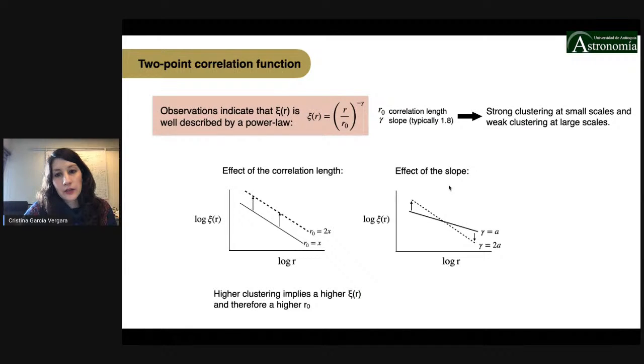And the effect of the slope is that one, you're changing the slope. If you have a population with a higher value of gamma, you will have a steeper slope, as I'm showing here. Then in general terms, higher clustering implies a higher two-point correlation function and then a higher correlation length, or R naught, which parameterizes the correlation length.